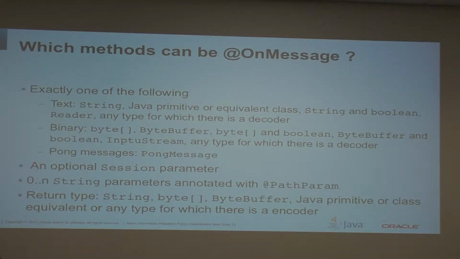How come I don't see integer? Because the core API only understands strings and bytes, right? Remember that the API is actually very low level, and it's up to you, the developer, to define the protocol going back and forth.